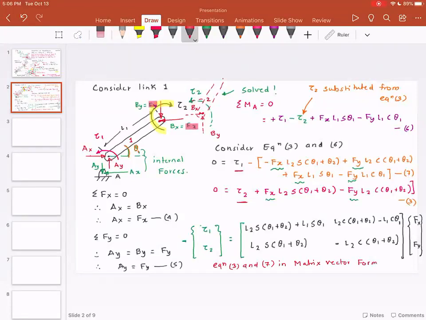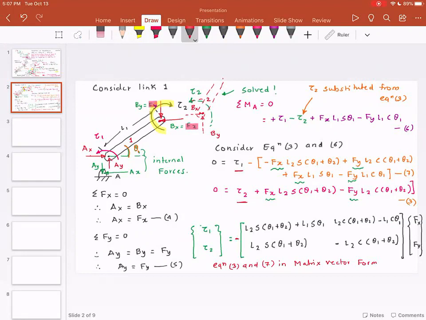And let's not forget that we have a negative sign over here. And this negative sign I just used to make it look more convenient. I'm going to take this negative sign from the left hand side and move it onto the right hand side.